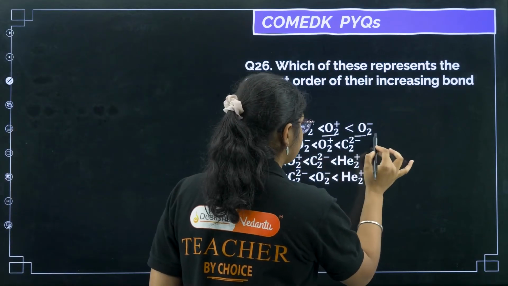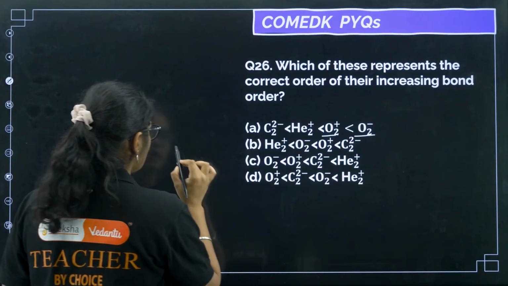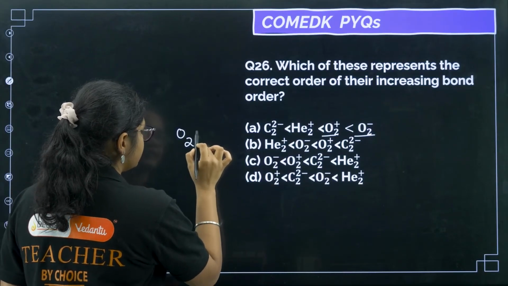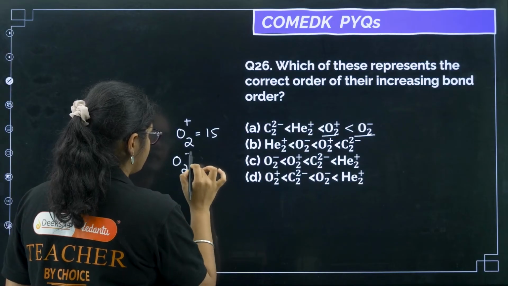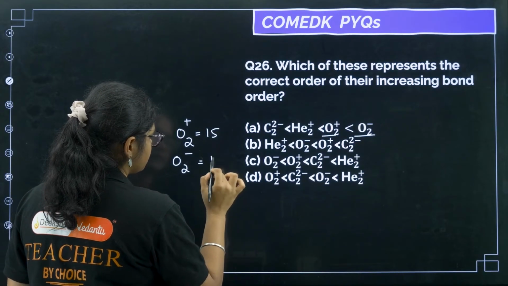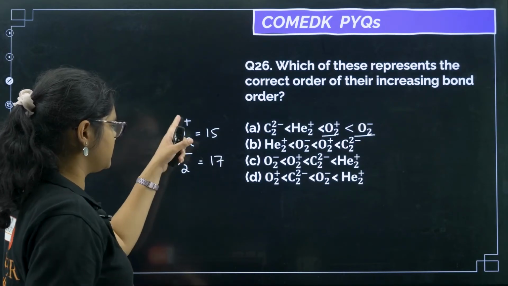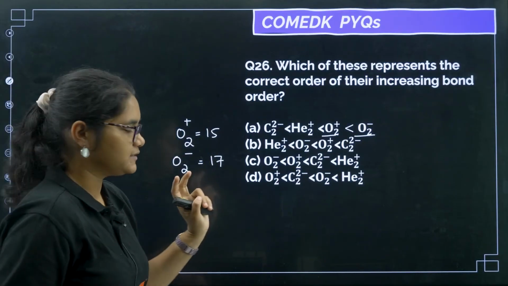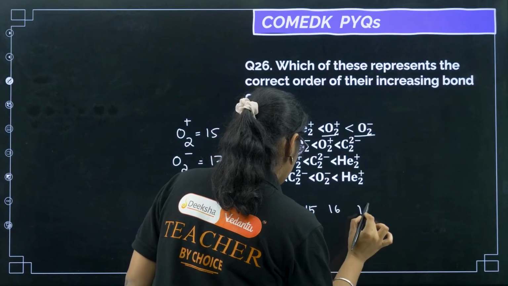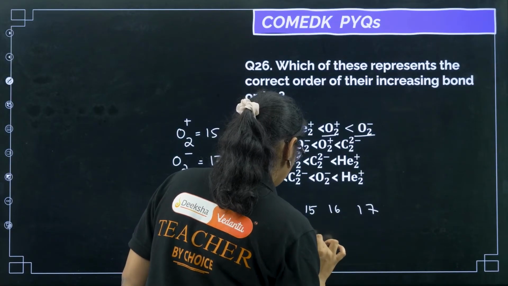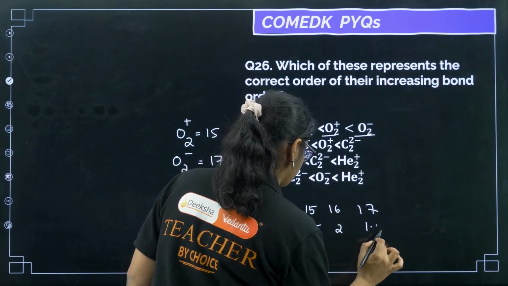First of all, we can decide between O2 plus and O2 minus. O2 plus has 15 electrons, and O2 minus has 16 plus 1, 17. So for 14, 15, 16 and 17, the bond orders are 3, 2.5, 2 and 1.5.